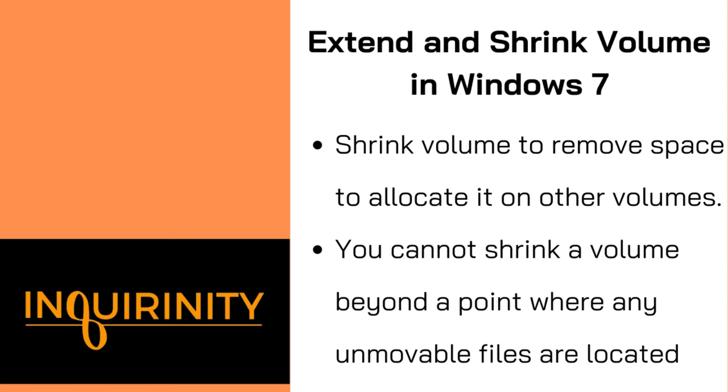We need to perform a shrink operation in order to facilitate the reallocation of space to other volumes that need it. But we cannot shrink the volume as much as we need, as there may be unmovable files.